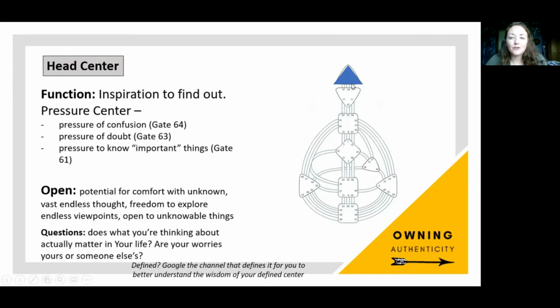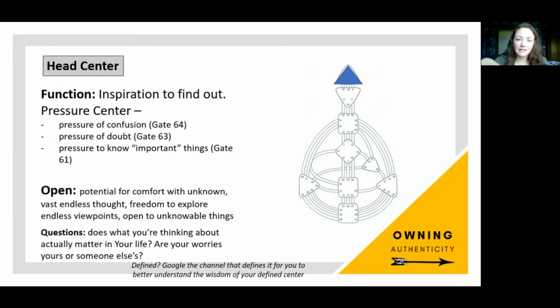If yours is defined, colored in on your chart, you can Google one of these 3, or whichever multiple ones are activated, and understand how your defined energy flows. Your defined head center is going to look very different depending on which of those 3 channels is activated for you, because each channel has its own personality. So that's what to do if it's defined.